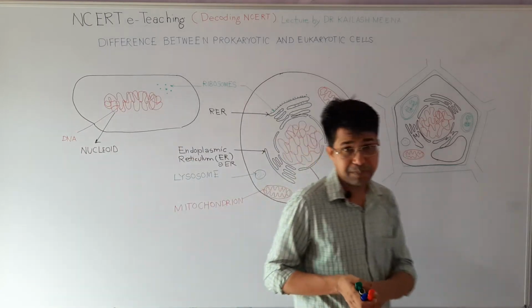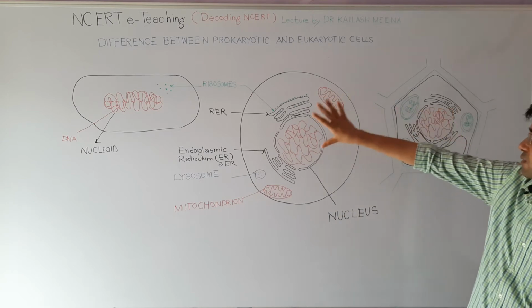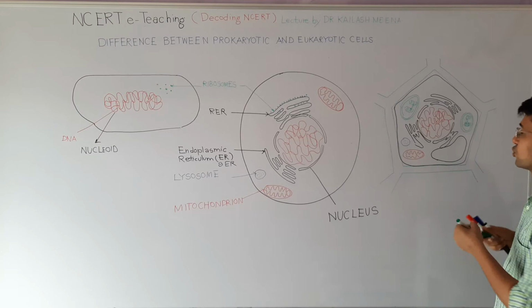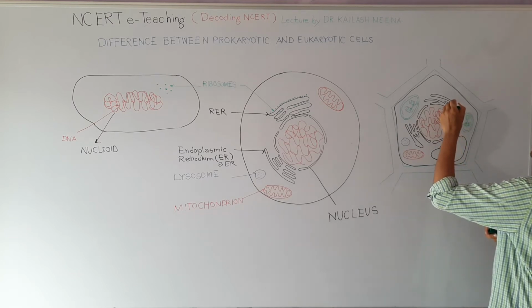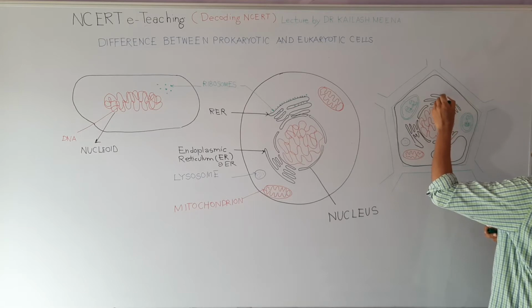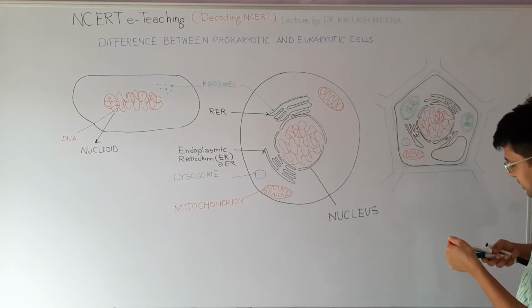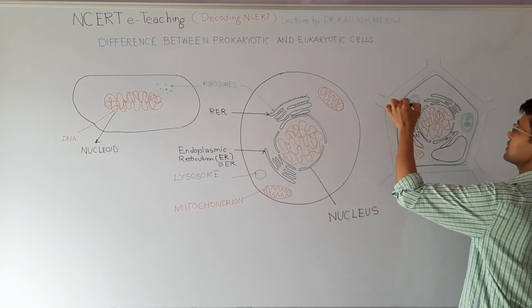For a typical eukaryotic cell, we can say that these cells have many cell organelles: rough endoplasmic reticulum, smooth endoplasmic reticulum. Rough means having ribosomes on the surface of endoplasmic reticulum. Each compartment has its own function. Here this chloroplast performs photosynthesis.